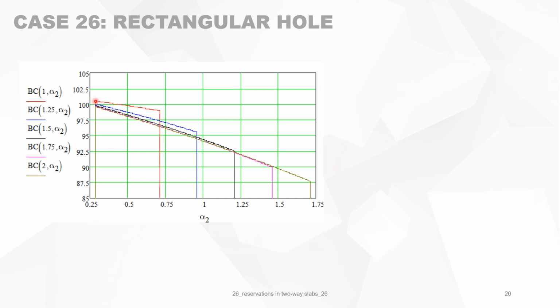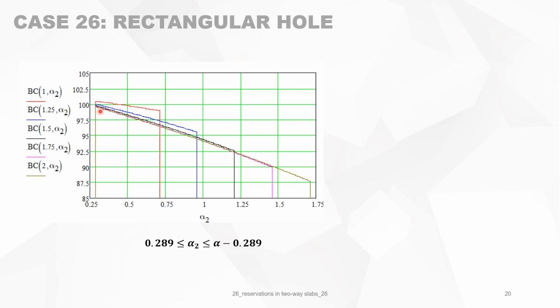For instance, for a square slab, when alpha is 1, this is the only valid line, because alpha 2 must be between this range, and you see if alpha is 1, then you have 0.73. So after that, the formula is not valid anymore. That's why I put it to 0.